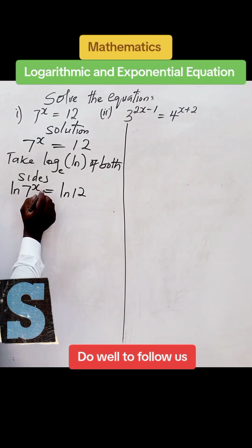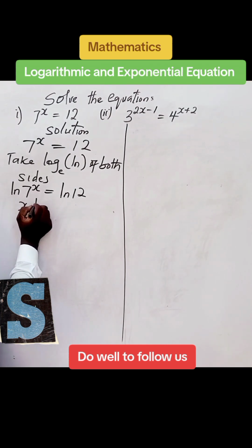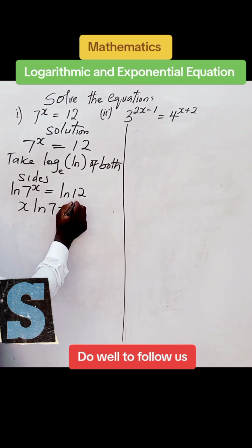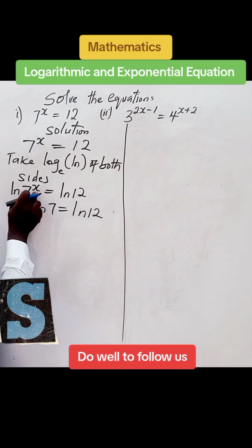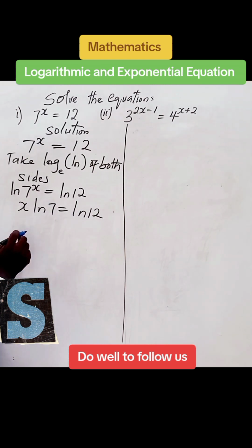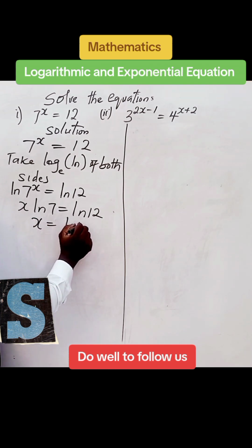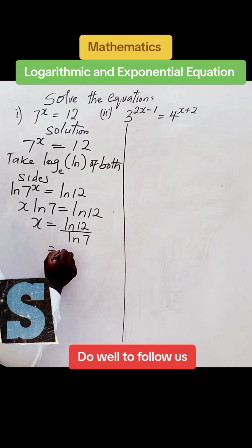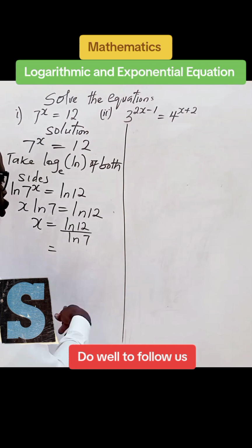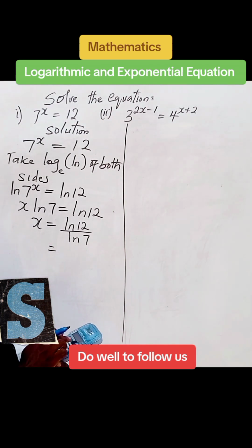So let's go quickly. Here we have x ln 7 equals ln 12. From the law of logs, the power goes to the front. So quickly we have that x equals ln 12 over ln 7. You can simplify it, or you just take your calculator and get your answer.